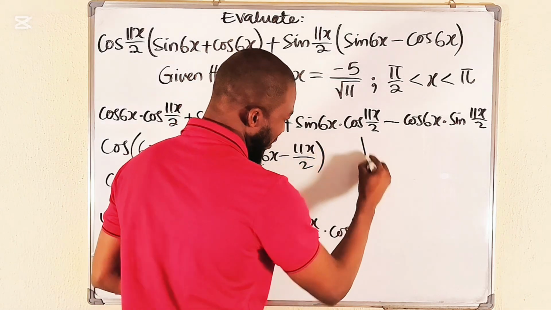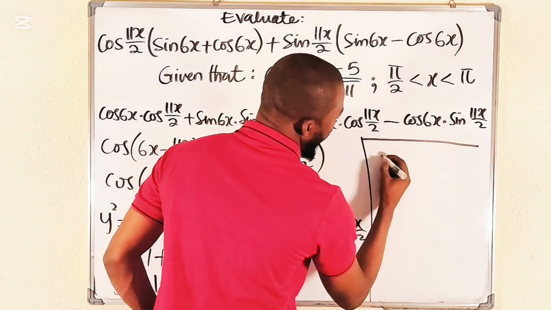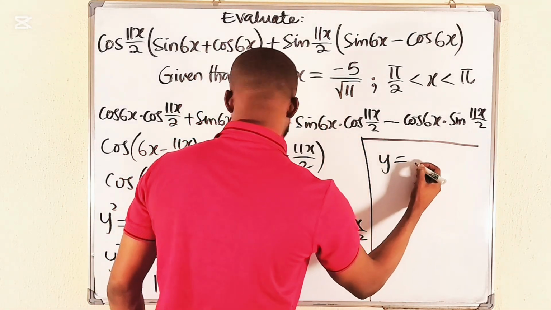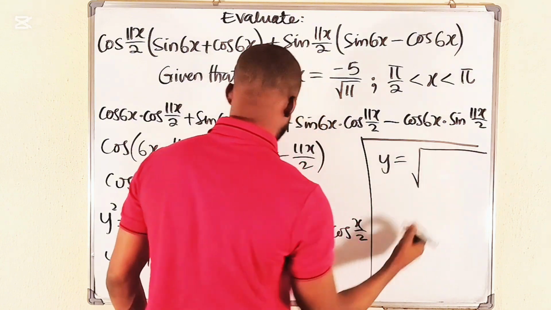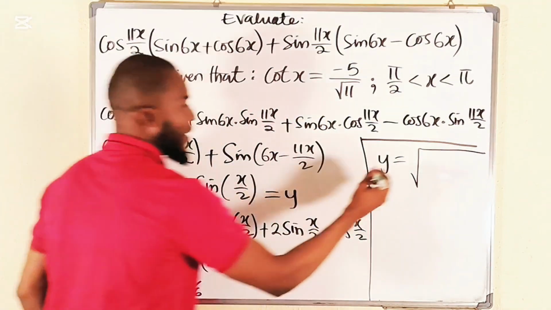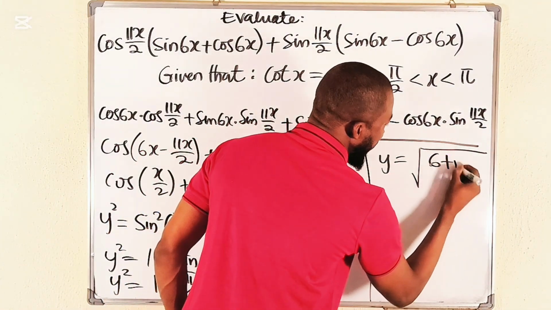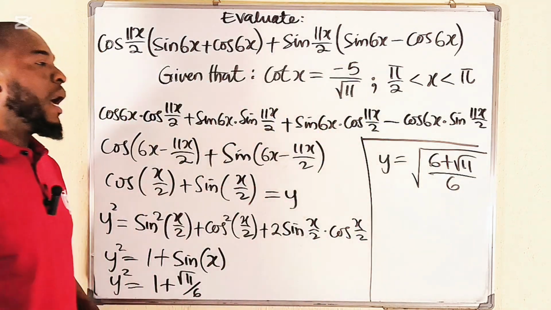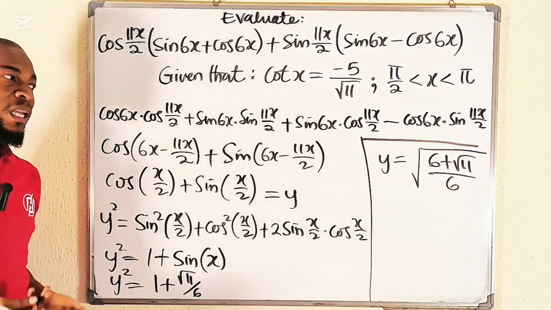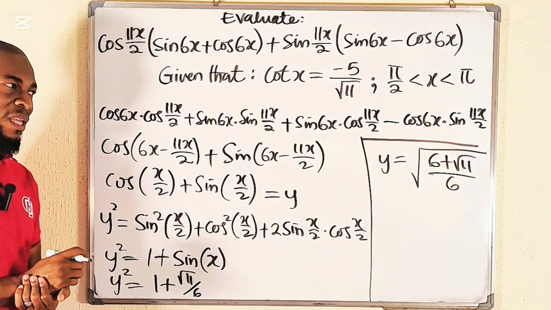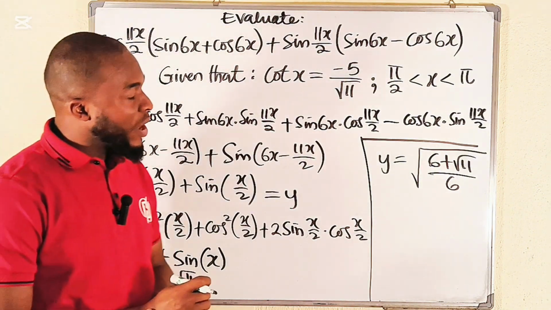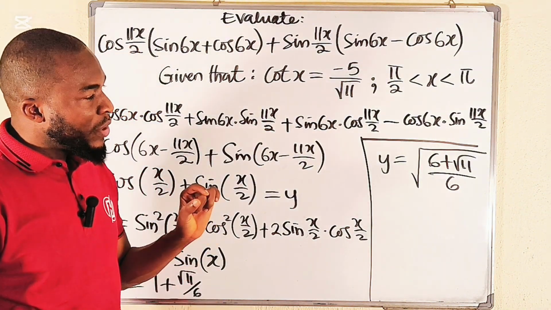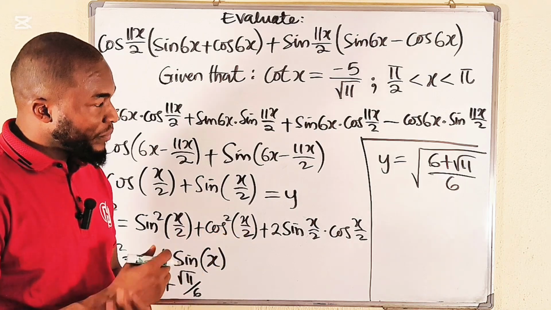So y is equal to the square root of 6 times 1, which is 6, plus square root of 11, divided by 6. And hence, if you like, you can leave it like this. If you so wish, you can use your calculator to find the values in decimal.